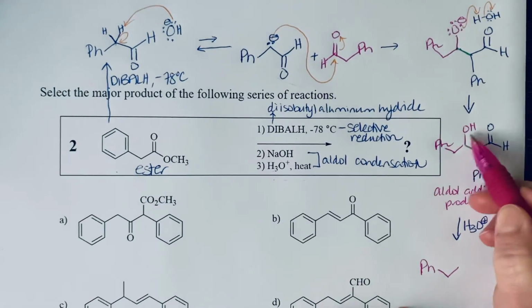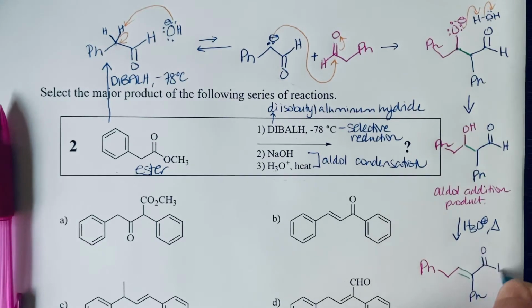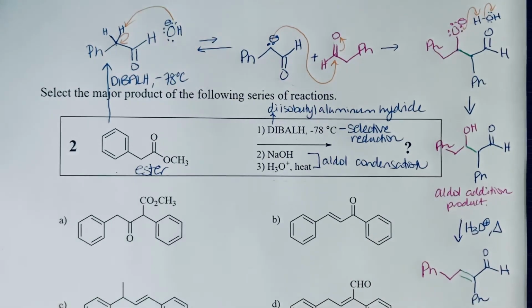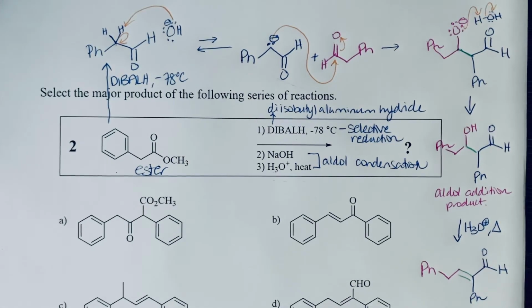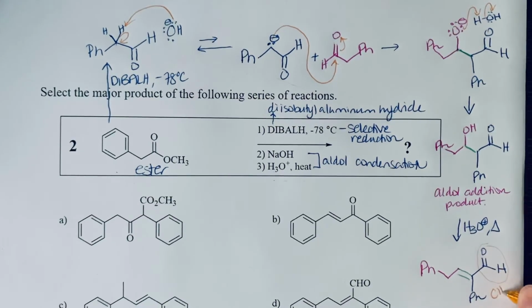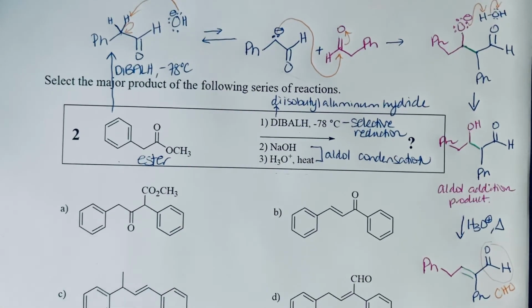So where that alcohol was, I'm going to say that that was eliminated, and we now have a double bond. We have a phenyl, and we have the aldehyde. So you want to try to recognize this from our options here. And this aldehyde, just to help you find it, this CHO group can also be abbreviated as OHC, which we often do when we don't have a lot of room to draw a structure.